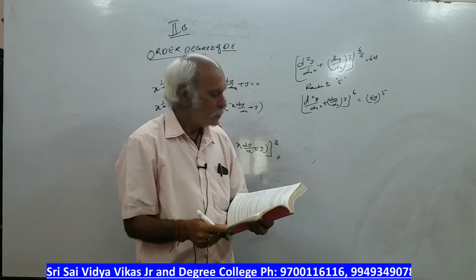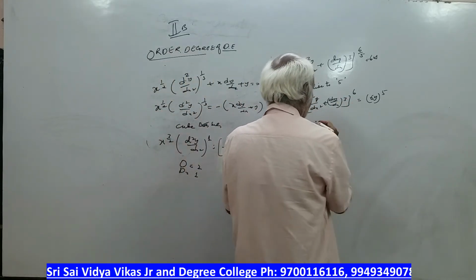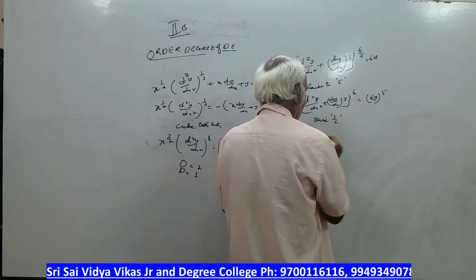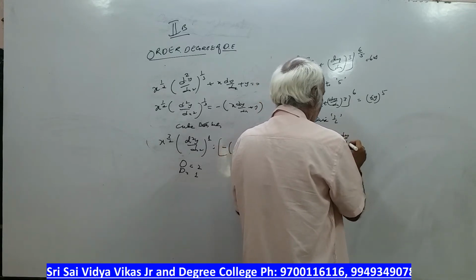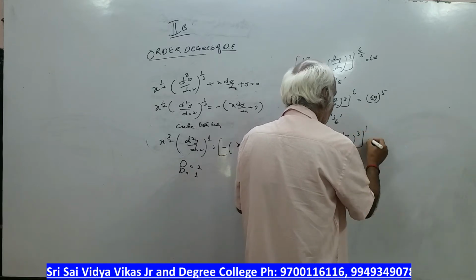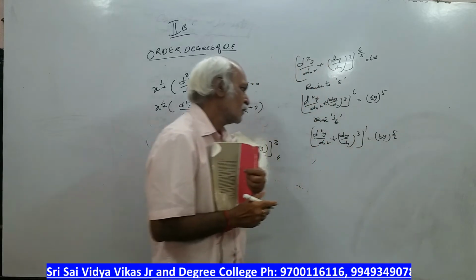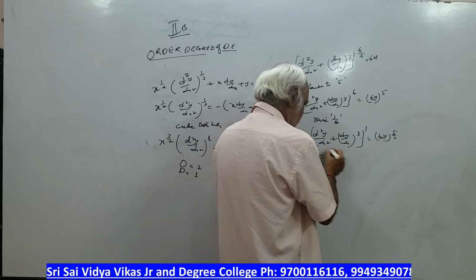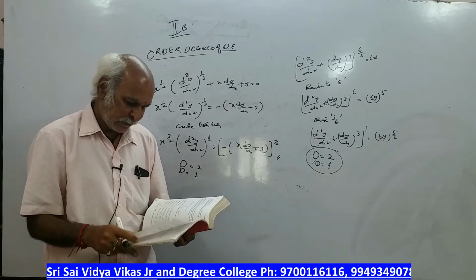Okay, so again raised to 1 by 6. So what will happen? Three whole raised to 1 is equal to 6 by 5 by 6. So what is the order? 2, degree 1. Right? Order and degree. Right? Next.